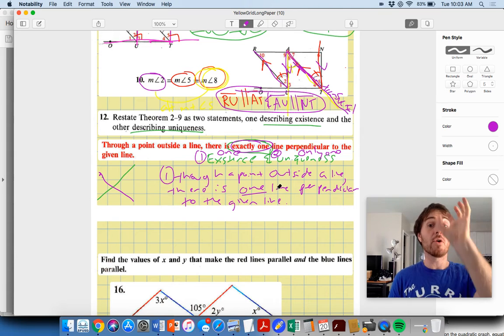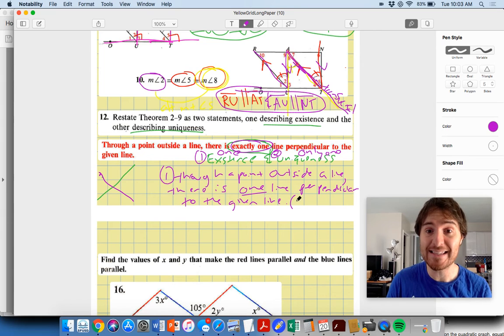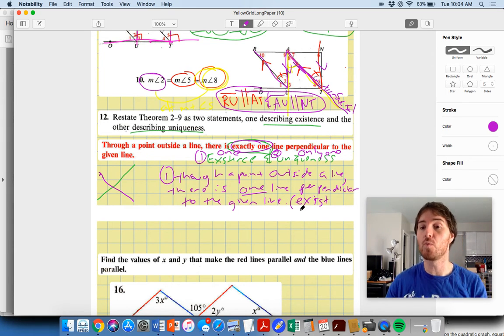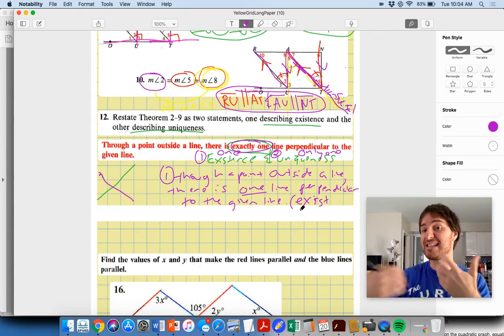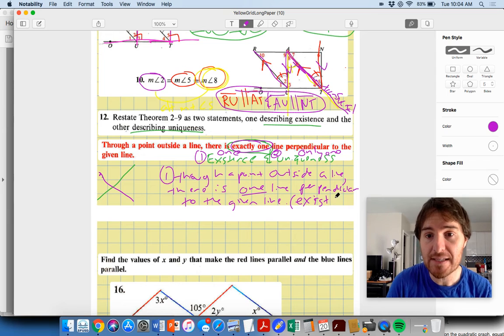All right, so this is a little bit confusing. We see the word one, but it's weird how you read scientific things sometimes. If they said, hey, there is one, that's just saying that there is a, or there is some, or it exists. So this is actually an existence statement here.